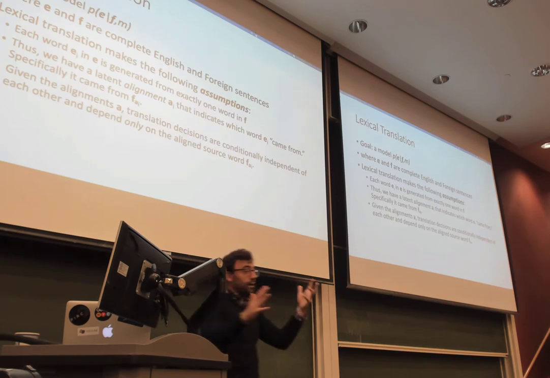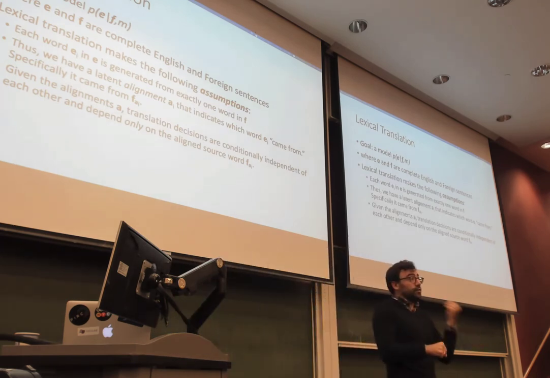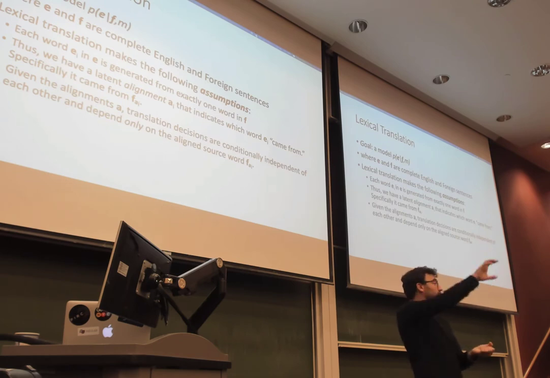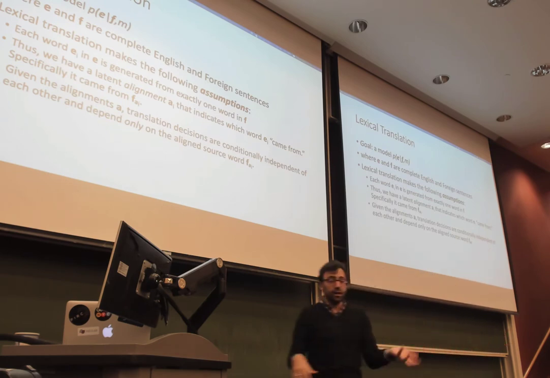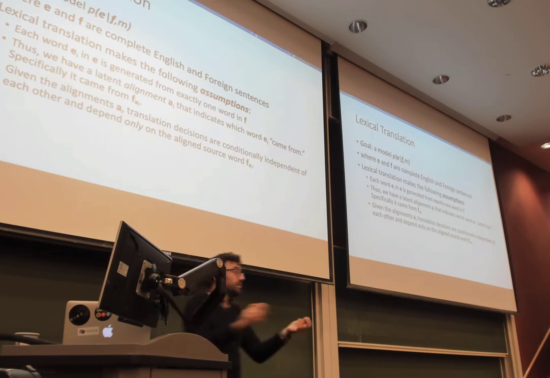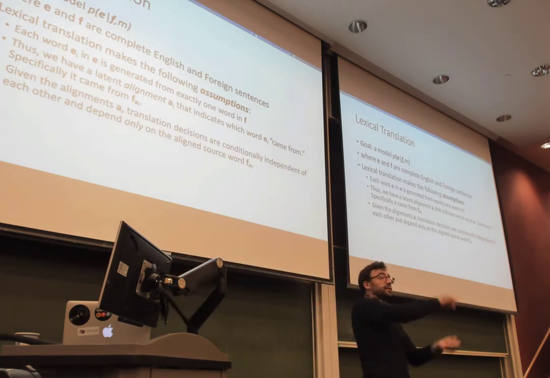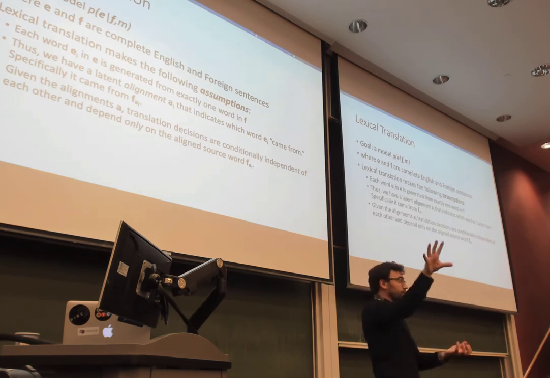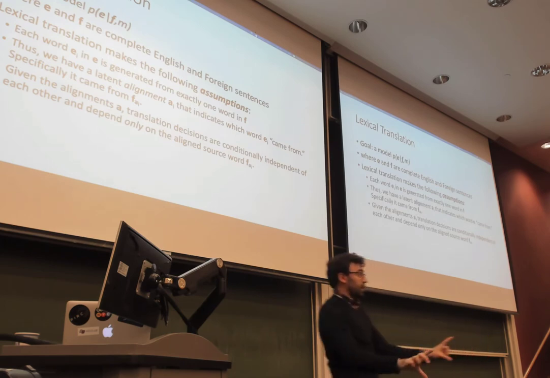And now let's say that every English word we generate is generated by one of the French ones. That makes sense, right? So every English word is translated because it was generated by one of the French words. That means that there's an implicit latent variable, an alignment between the French words of the source and the English words of the target.